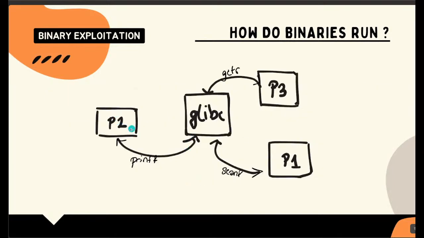If we consider programs P1, P2, and P3, suppose P3 requests the function gets, which exists within glibc. The glibc is mapped into P3's memory, and then P3 can access functions that reside in this binary.